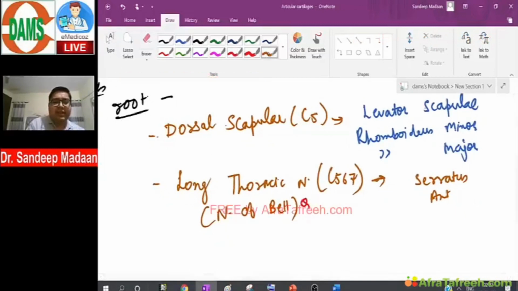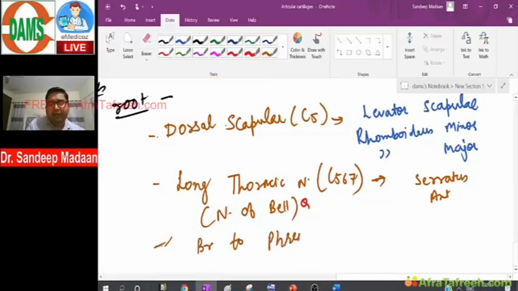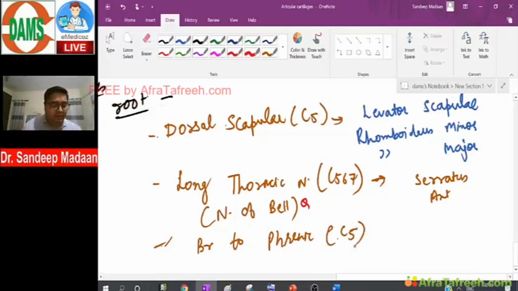Then there is also a branch to the phrenic. Phrenic overall root value is C3, 4, 5. C5 fibers might go from the brachial plexus.